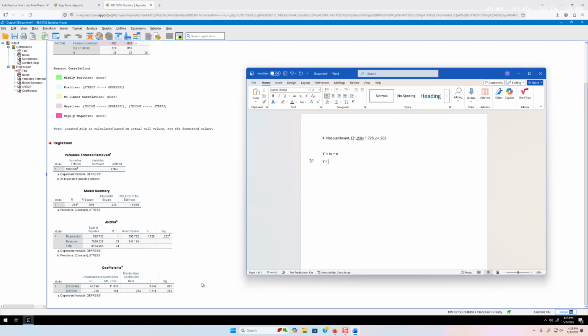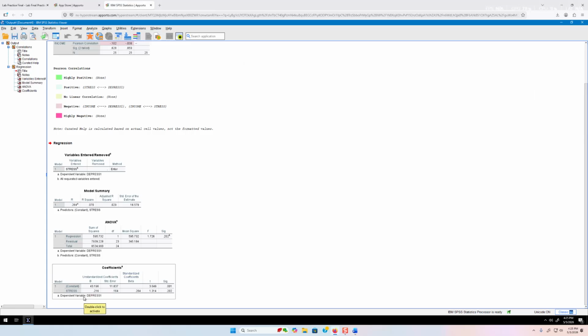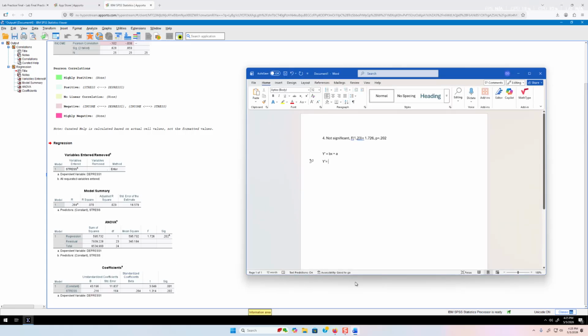B is the slope. Where's the slope? If you look under coefficients, under capital B, unstandardized coefficients, the slope is next to stress. 0.216, that's the slope. So 0.216 times x. I'll put x in parentheses just to separate it.